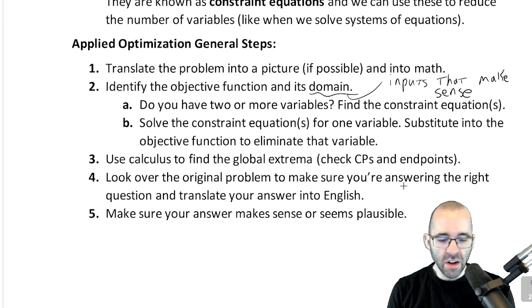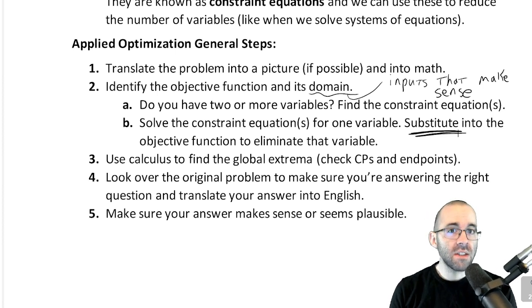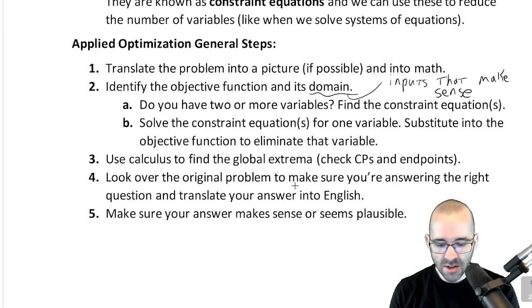If there's multiple variables, we'll need to get some constraint equations. We'll solve those constraint equations and then substitute to get rid of one of the variables. Okay, well, kind of like the substitution method for systems of equations.